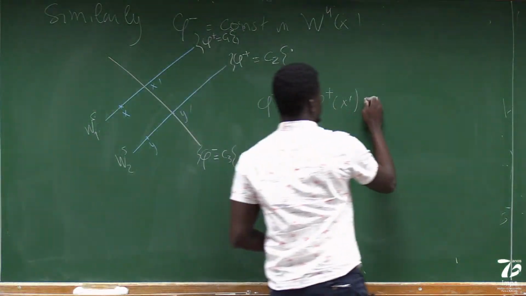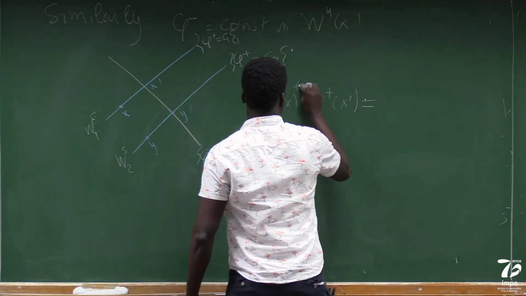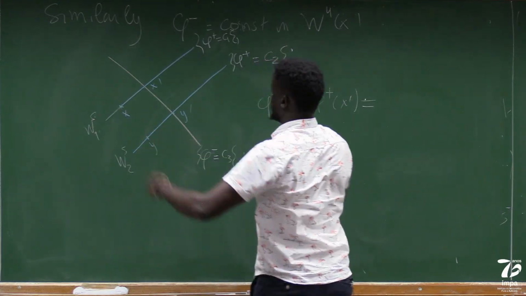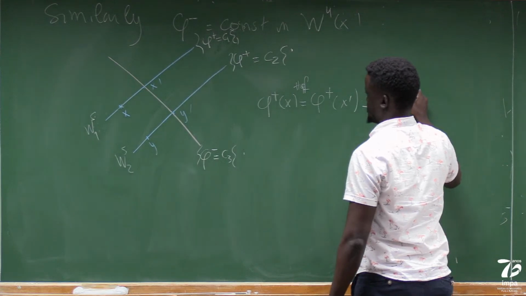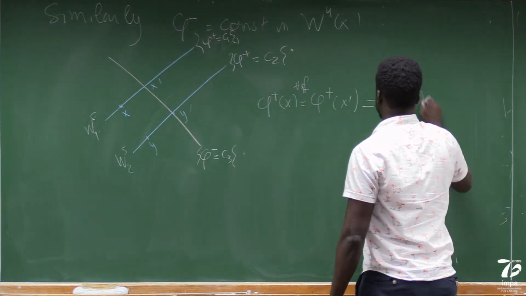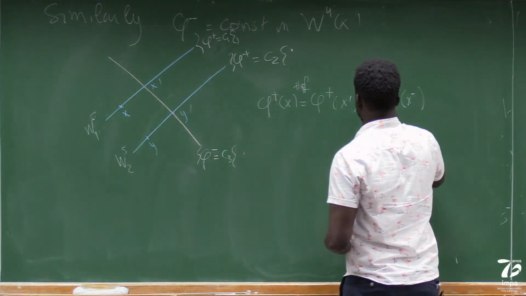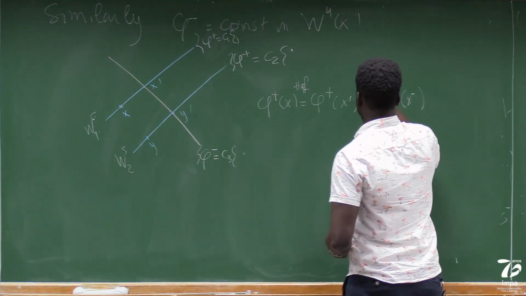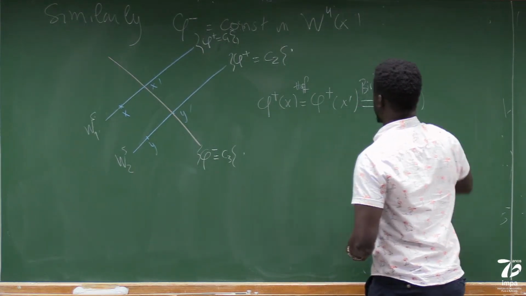This is that argument which I like to call the Hopf lemma, and this is phi minus of x prime. This is Birkhoff and something else. I will say it later.